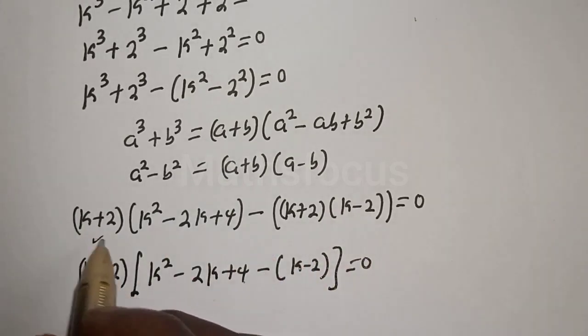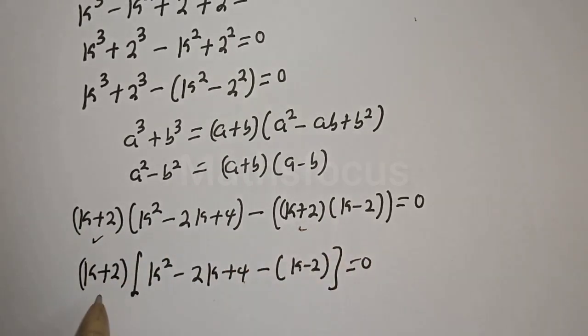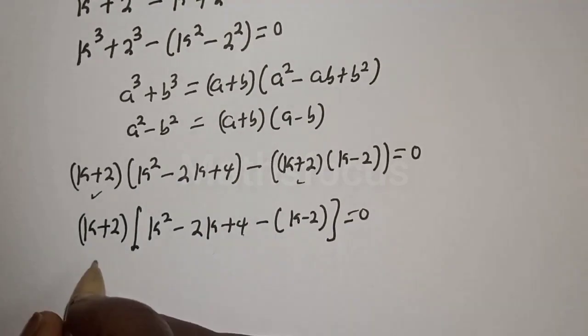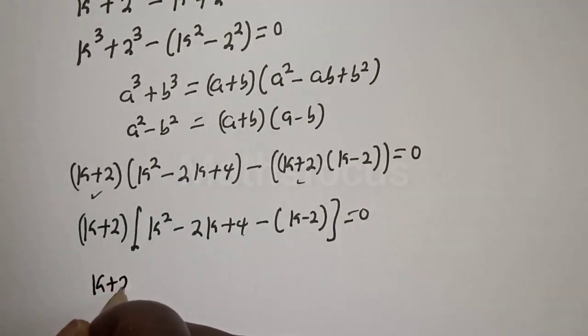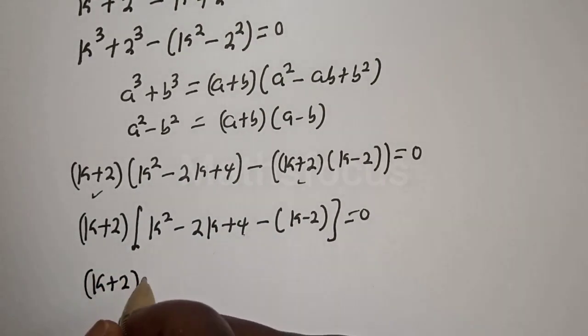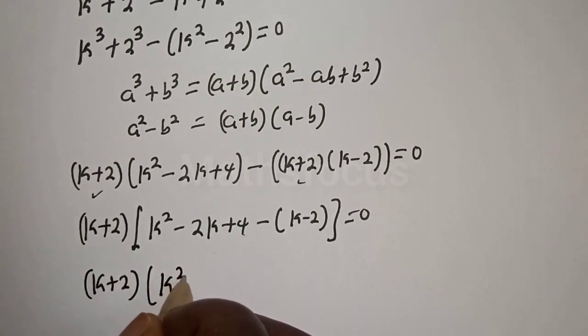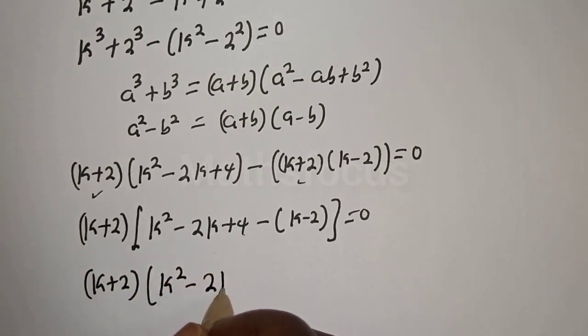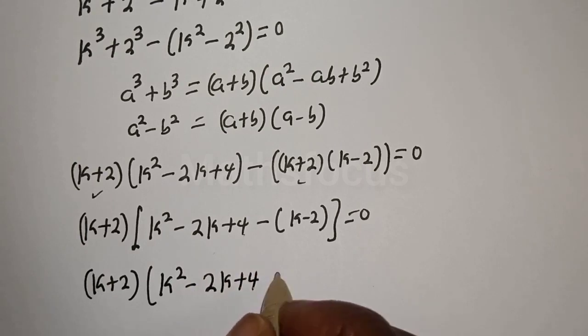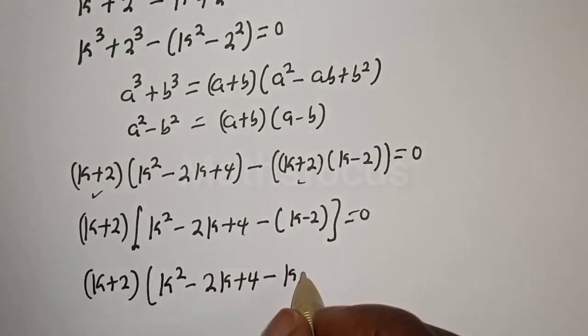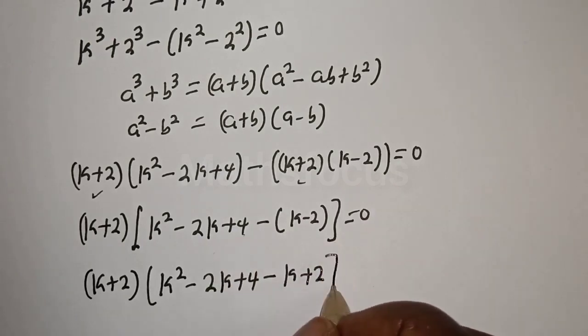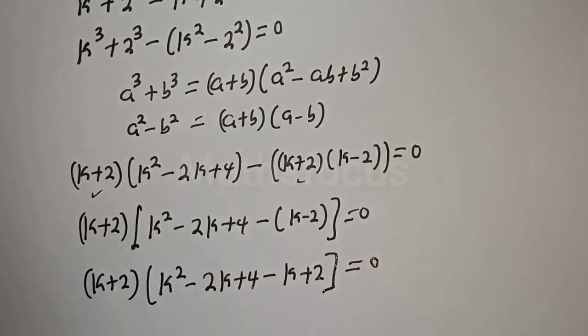Because here k plus 2 is common and k plus 2 is common, that's why we bring it out here. Then here is k plus 2 bracket k square minus 2k plus 4 minus k minus times minus 2, that is plus 2, is equal to 0.